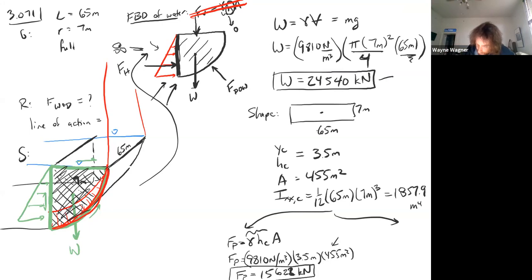I'm assuming the final answer in forces is going to be in meganewtons. And then the YCP equals the Y bar, the YC, 3.5 meters, plus I bar, or IXXC, 1857.9 meters to the fourth, divided by YCA, so 3.5 meters times the area, 455.